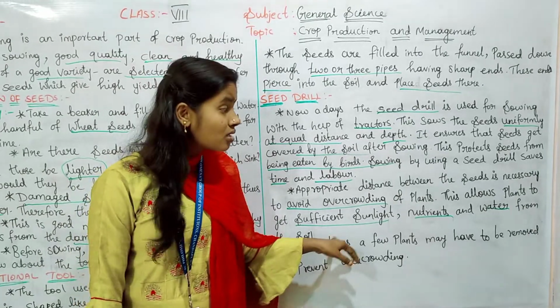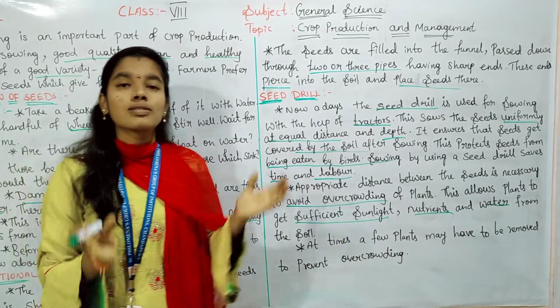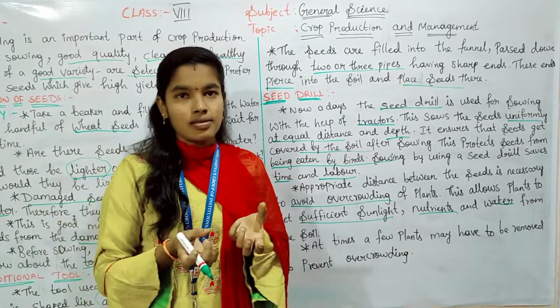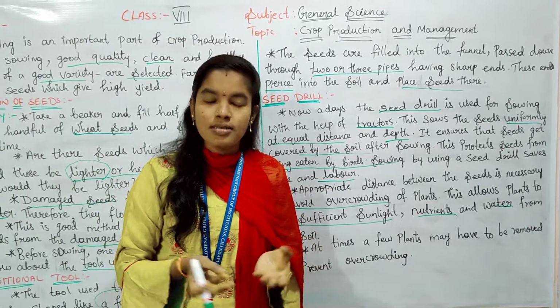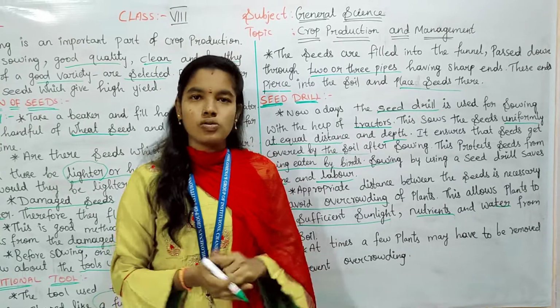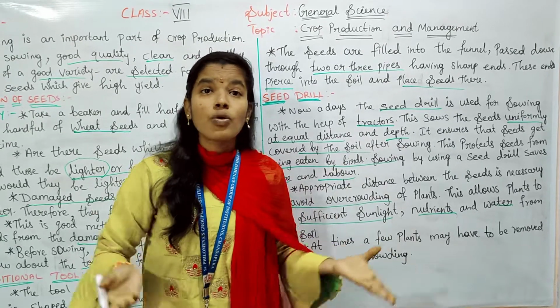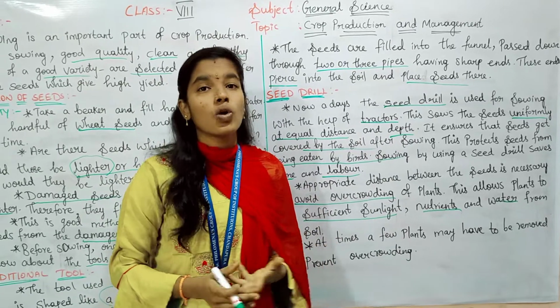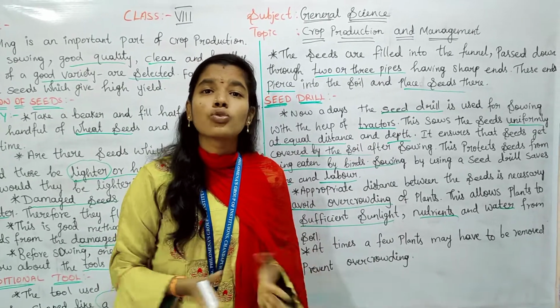If there is overcrowding, the plants will not get a proper amount of sunlight, nutrition and water, and the crop will not grow healthily.